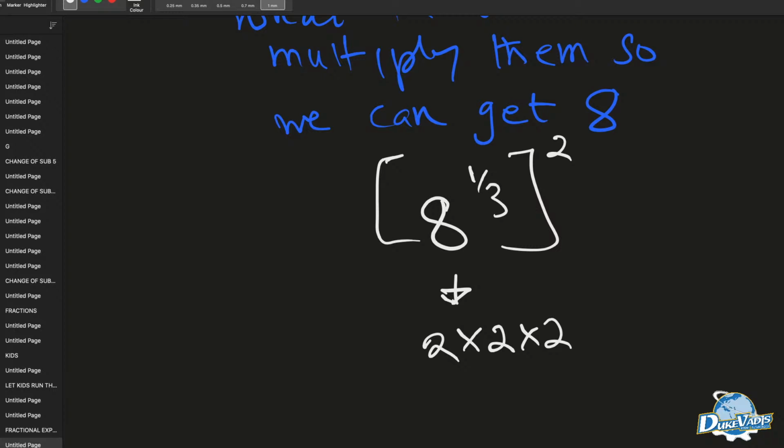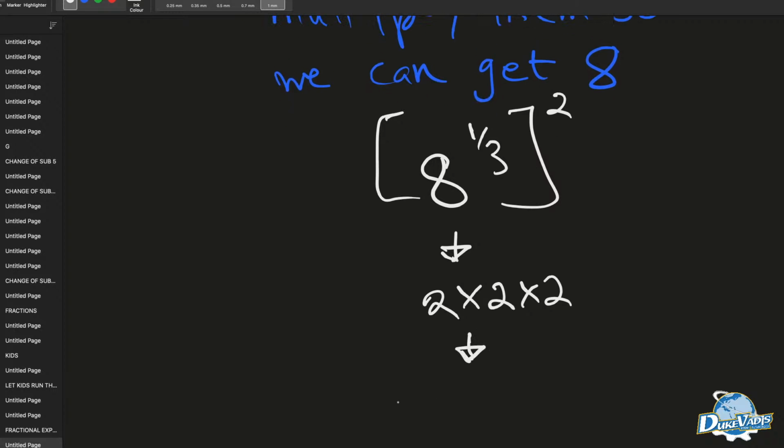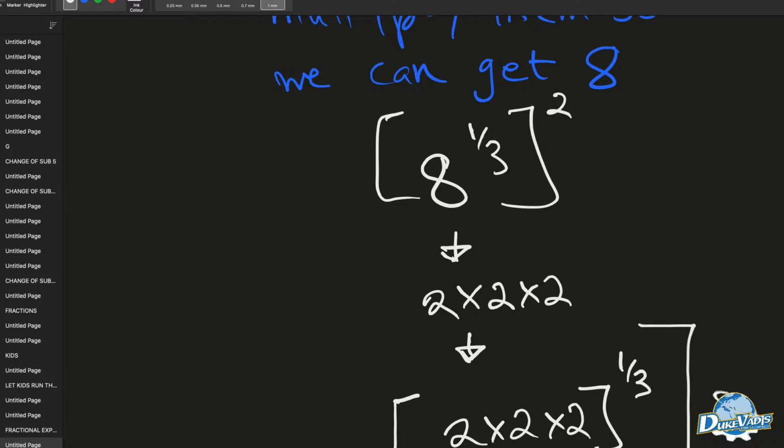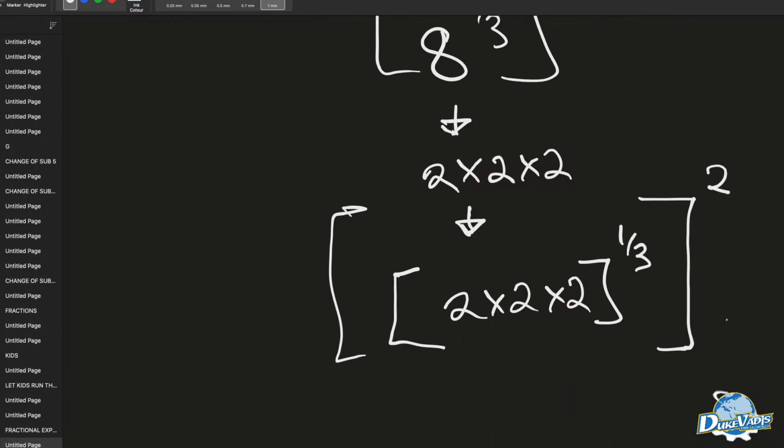If that is the case, then we can rewrite our mathematical expression as 2 times 2 times 2, all raised to the power 1/3. Bear in mind that we still have our square here.